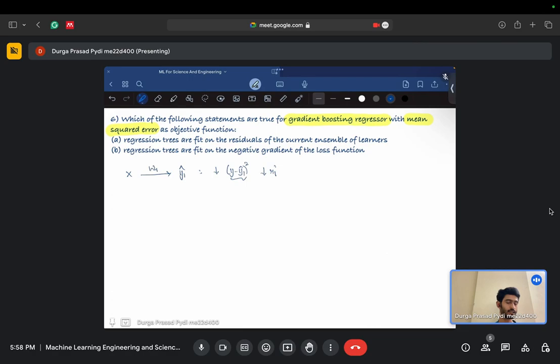Now what you do next in gradient boosting is you take the same x as your input, but you train another model W2. Say that model is predicting y2 hat. What will you try to minimize here in gradient boosting? Is it going to be (y minus y2 hat) squared?